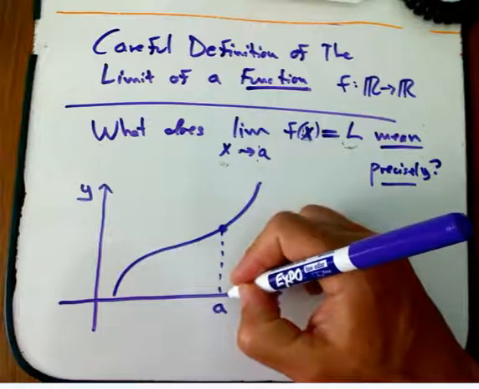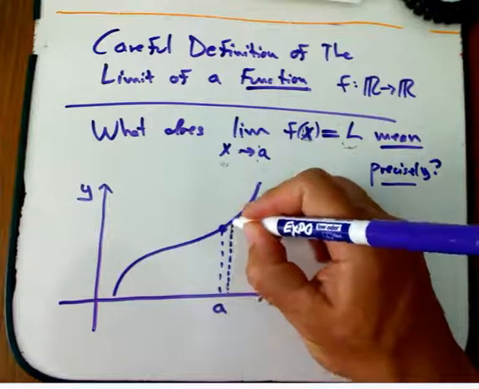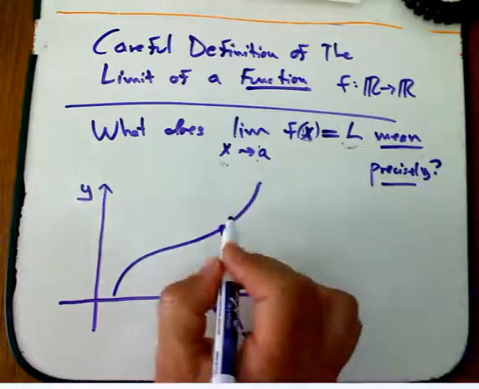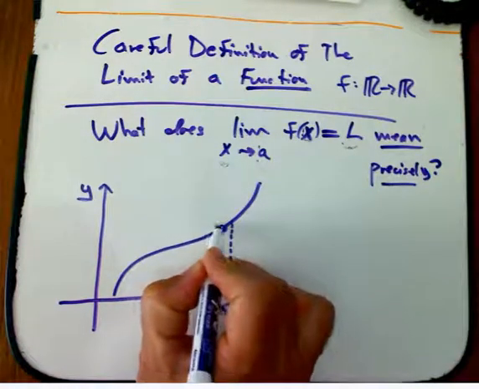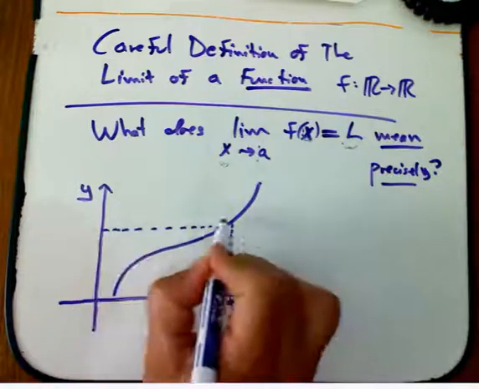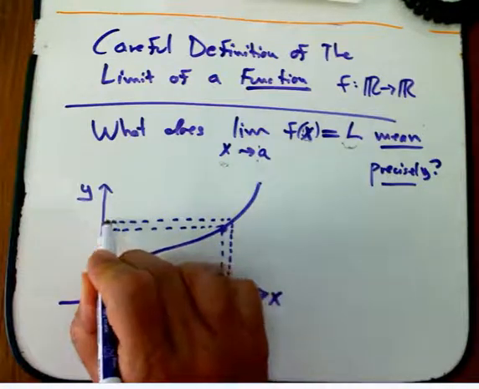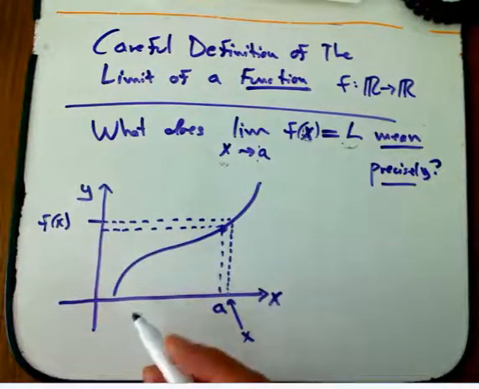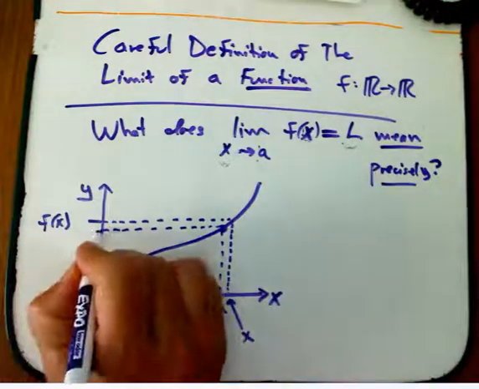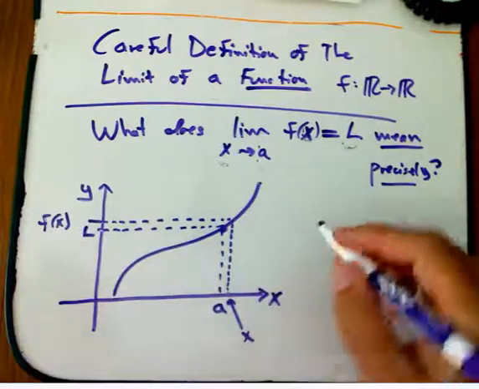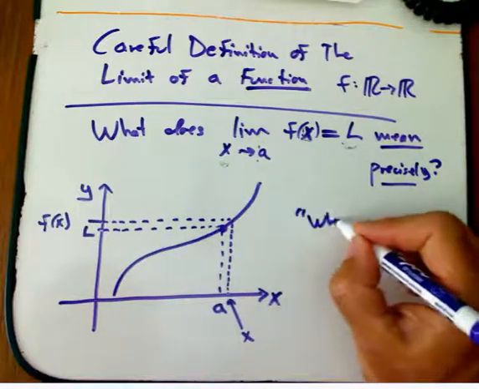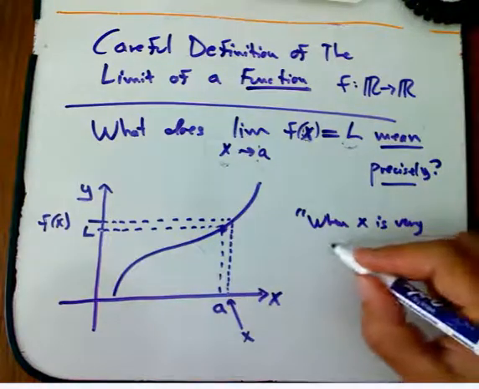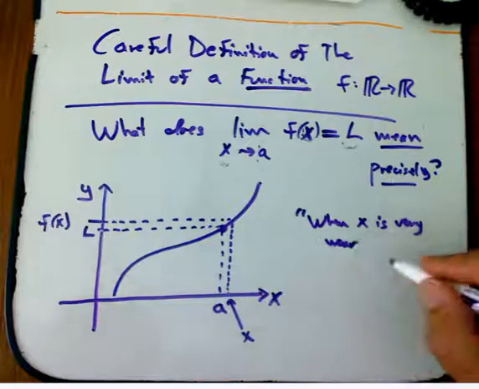And so I'm going to imagine putting in something near a, so some other x value near a, and I want to assert that f of x when x is near a is going to be near the value L. So our first approximation would be when x is near, and really very near, but we're going to really have to quantify that in the same way we did with the sequences.